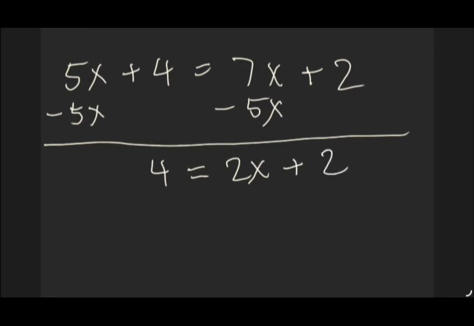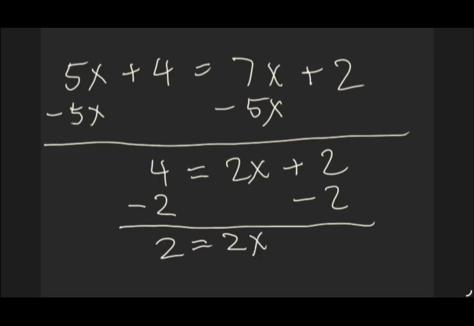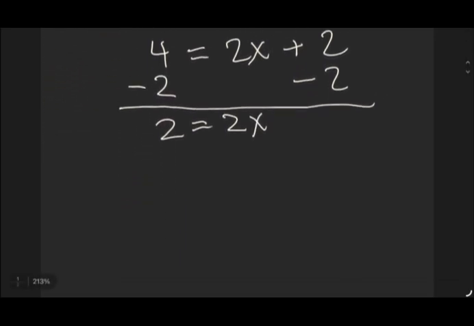What we want to do now is subtract 2 on both sides. Now we just gotta divide by 2 on both sides to make x isolated. And x is equal to 1.